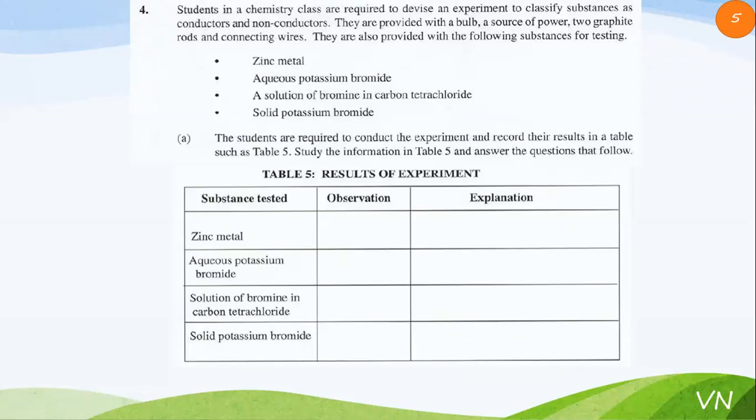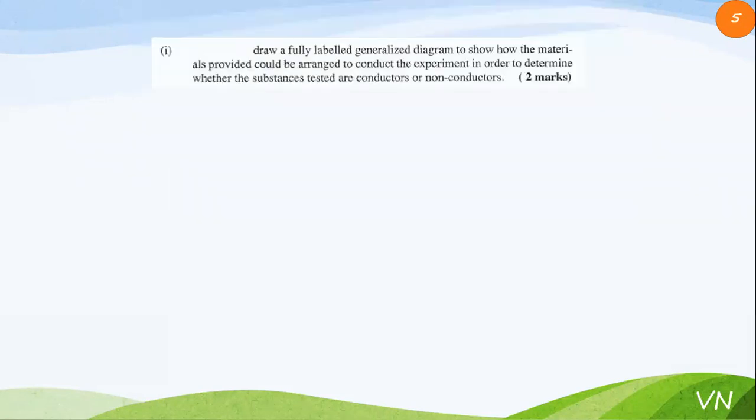So they had to carry out an experiment and complete the table. So the first part asks us, draw a fully labeled generalized diagram to show how you can use the materials to conduct the experiment to determine whether these substances are conductors or non-conductors.